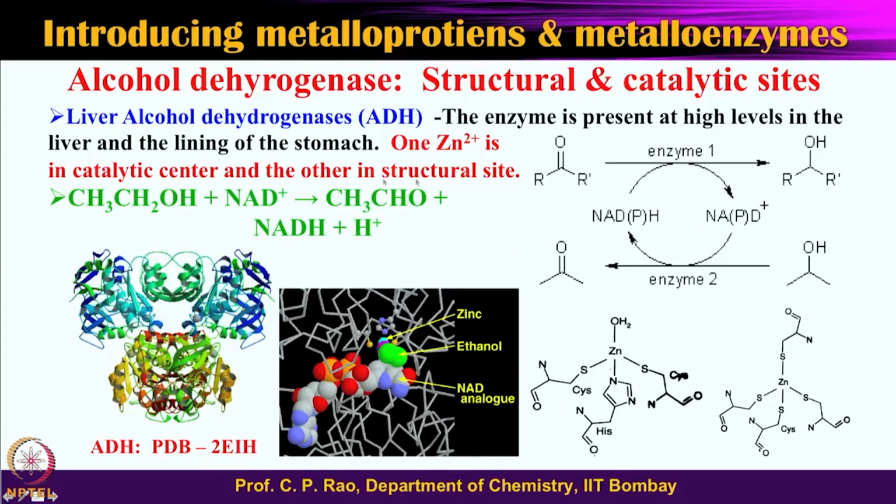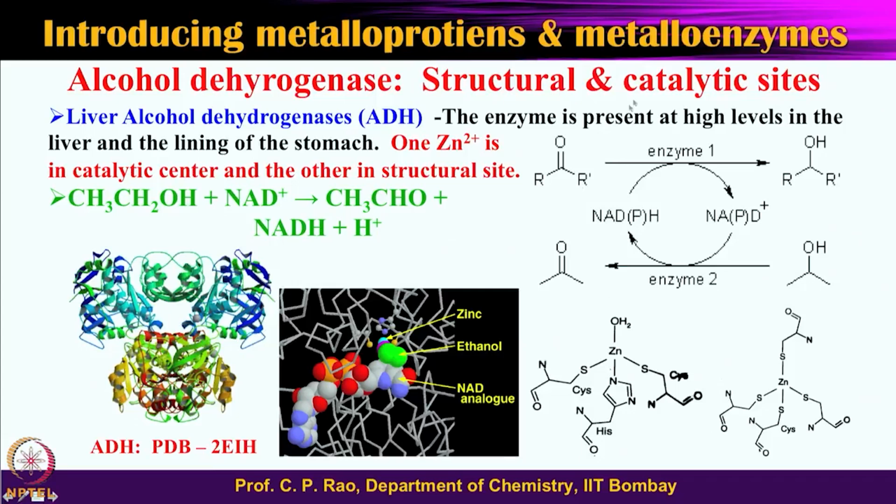In fact, this enzyme can work both ways, aldehyde to alcohol and alcohol to aldehyde, depending upon whether the NAD is in the NADH form or the NAD plus form. If it is in the NAD plus form, it will oxidize the ethanol to aldehyde. If it is in the NADH form, it will reduce the aldehyde to the alcohol. So, these are both of these. You can see the same thing here.